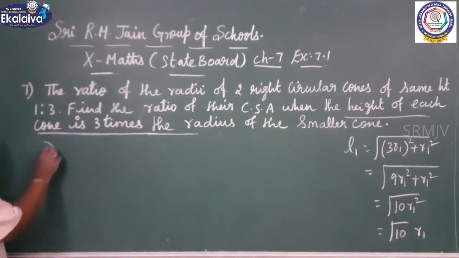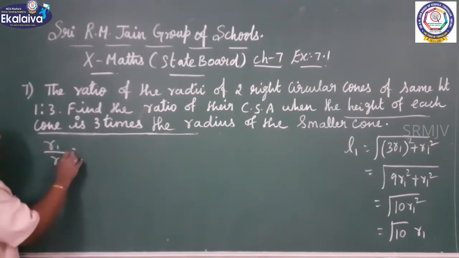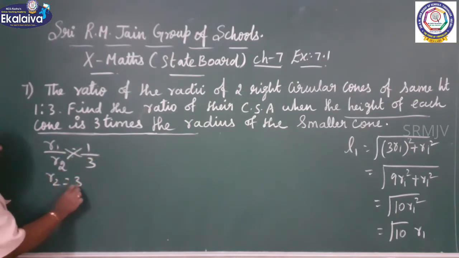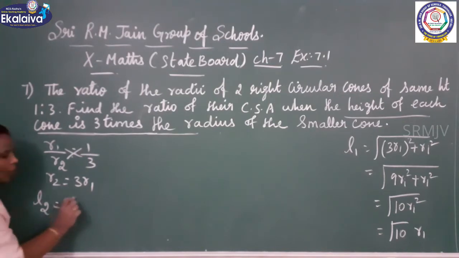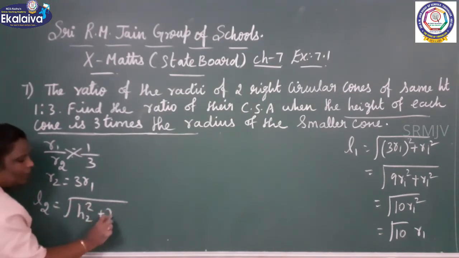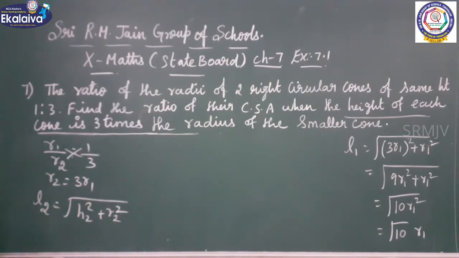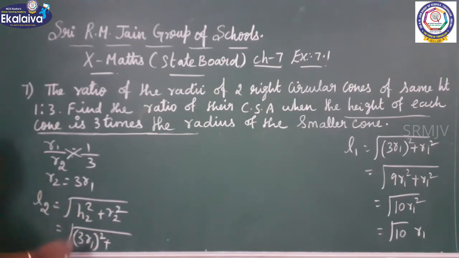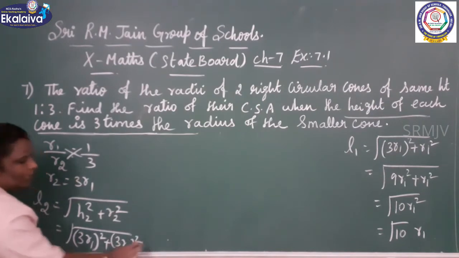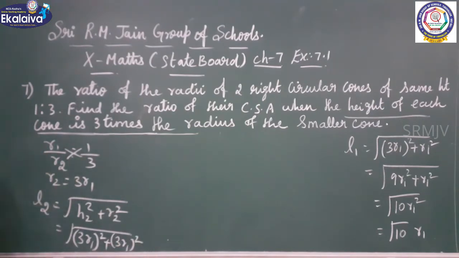L2 equal to, see here R1 by R2 equal to 1/3. Cross multiplication, R2 equal to 3R1. So L2 equal to root of H2 square plus R2 square. H2 is 3R1 the whole square, and R2 is also 3R1 the whole square.